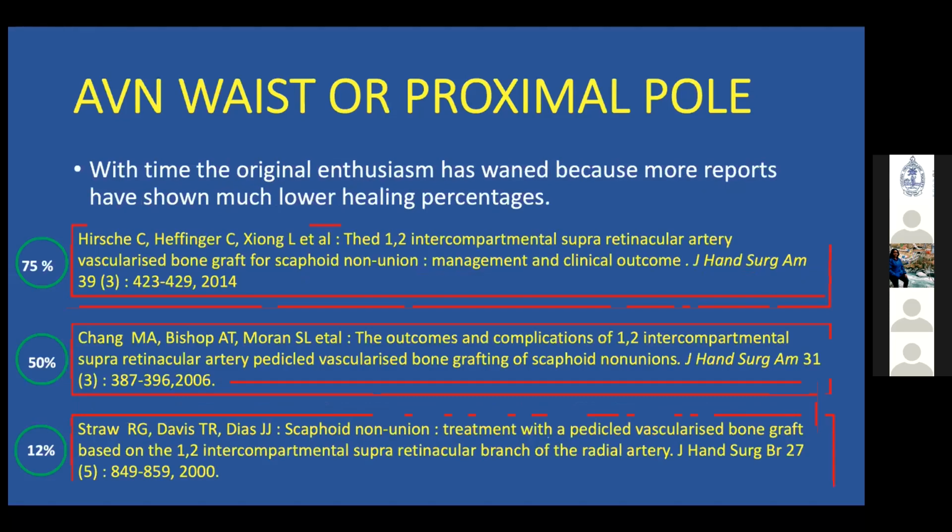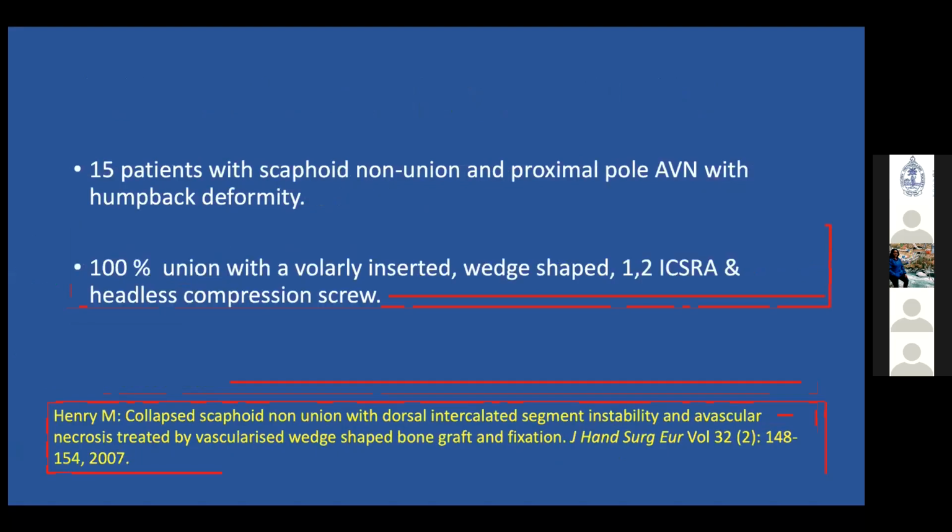So you can see that, as I showed earlier, there are a lot of articles which show totally different union rates, from 12% to 100%. So there are articles which strongly support it even now. This paper by Henry had 15 patients with scaphoid non-union and proximal pole avascular necrosis with humpback deformity.